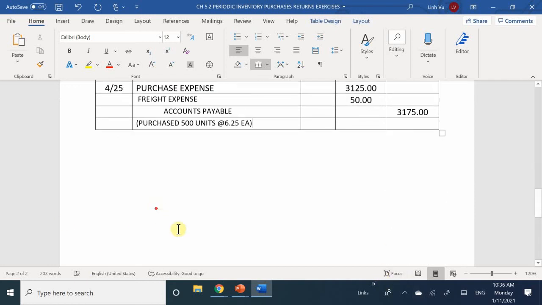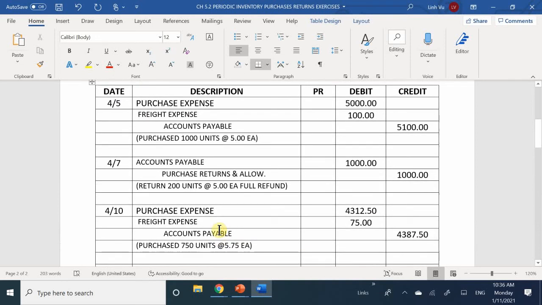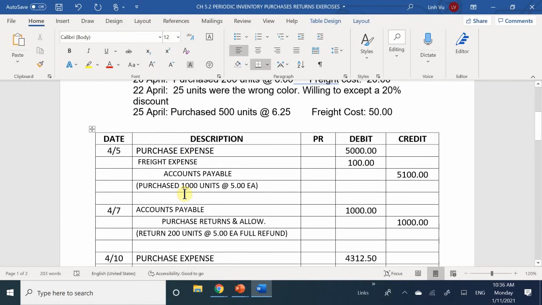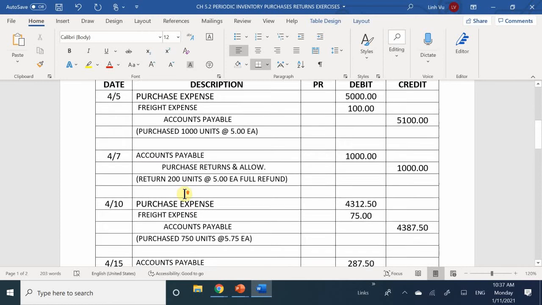So in grand total, we got to look at how to make a purchase of periodic inventory, which is through the purchase expense, okay? Other factors that we need to also remember is that there's possible chances of us taking a discount, okay? And there's also opportunities where we actually attempt to make a return for a full refund or even receive an allowance from the vendor itself. So there you go.